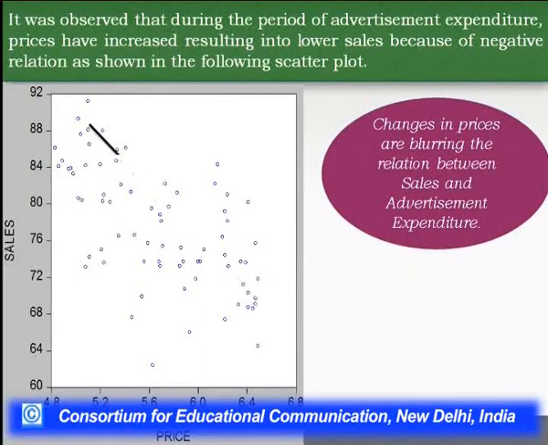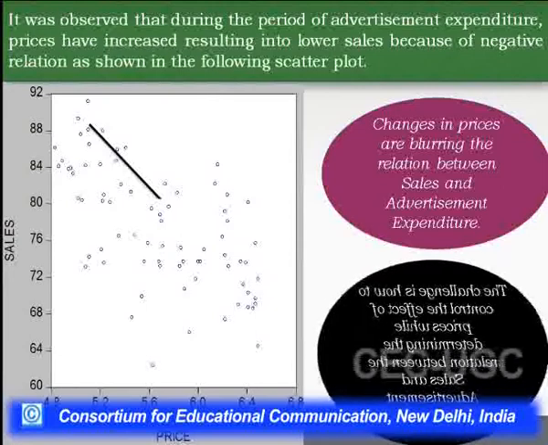So it was observed that during the period of advertisement expenditure, the prices have increased, resulting in lower sales because of the negative relation as shown in the following scatter plot. As you've seen, the line is sloping down from left to right, which means the changes in the prices are blurring the relation between the sales and the advertisement expenditure.